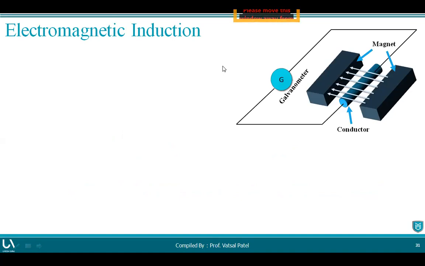In the last session, we discussed this electromagnetic induction principle, which shows that you have a magnetic field direction, and if you put the conductor in this field, the induced EMF will be there in the conductor, and we can identify that using this galvanometer when we connect it across the terminals of the conductor.